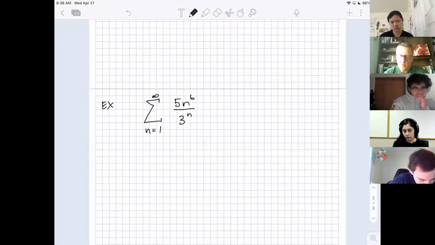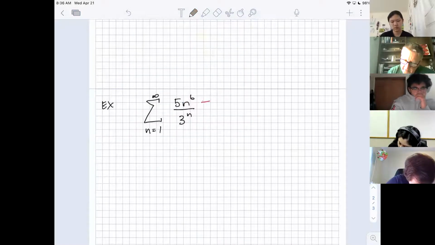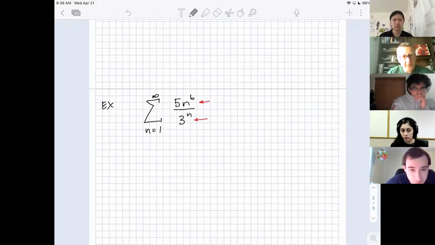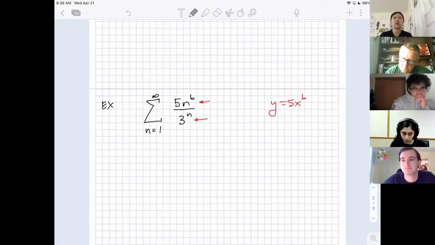Anywho, what's your intuition? What type of function are these? Notice we don't have a factorial this time, and that note sheet said these are good for factorials and for exponents. So what kind of a function is that on the top? Again, you're not used to seeing it that way, but if I wrote it as 5x to the 6th, maybe that would look more natural. You're used to seeing x there, right? What kind of a function is that? Exponential?